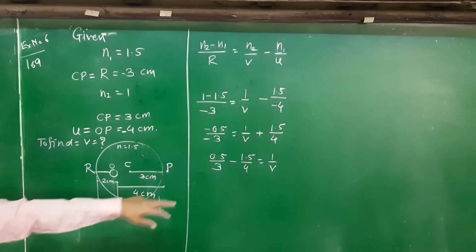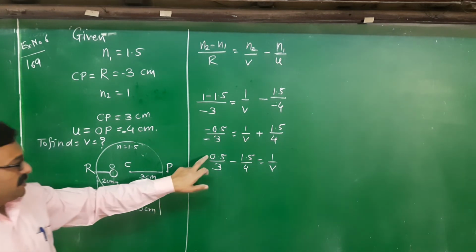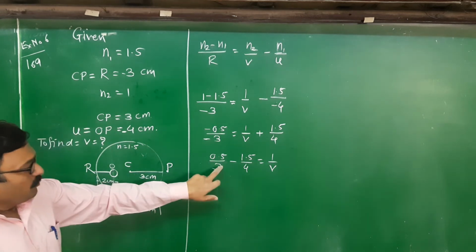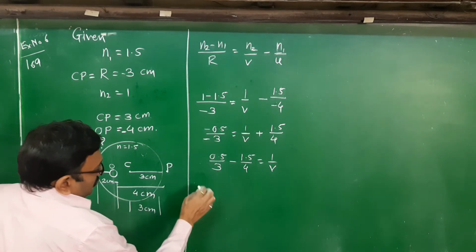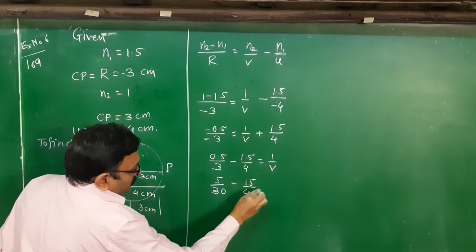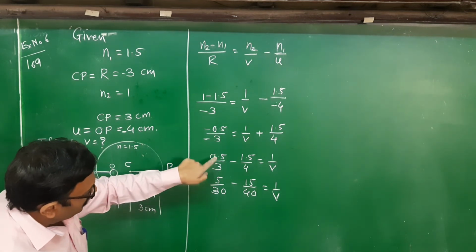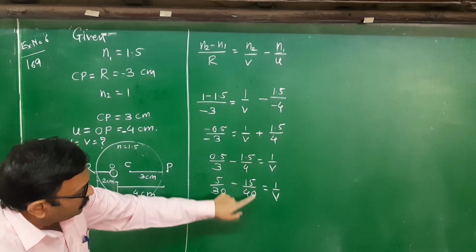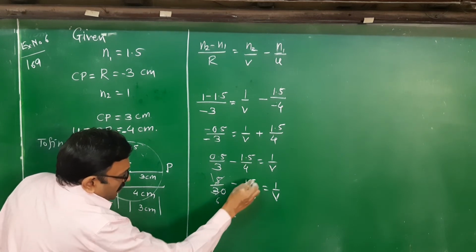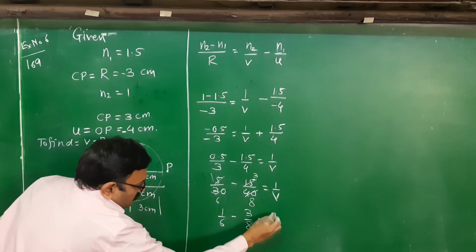Now we solve this. 0.5 upon 3 means 5 upon 30, and 5 upon 30 minus 15 upon 40 equals 1 upon v. 0.5 is converted to 5 with a 0 at the denominator; we shifted the decimal point and put the 0 in the denominator. 5 ones are 5, 6 fives are 30, that is 1 upon 6, minus 5 threes are 15, 8 fives are 40, that is 3 by 8, equals 1 upon v.